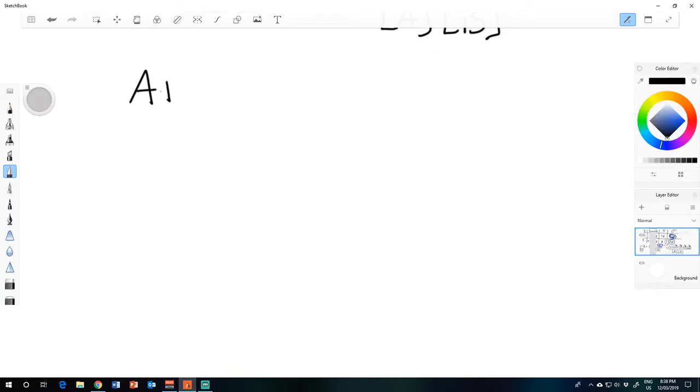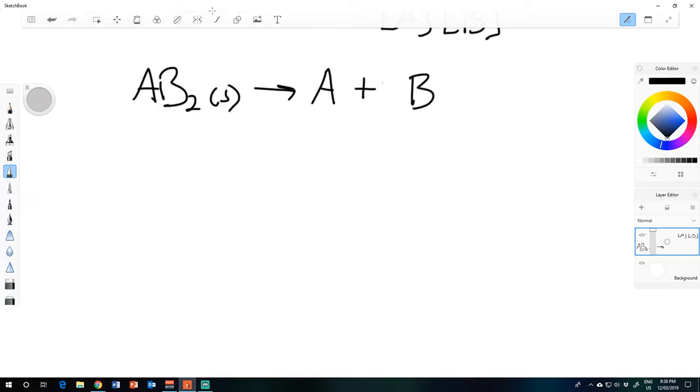Actually, I'll use a simpler example. So here we go. At least after this, hopefully you'll be able to understand why the concentration needs to be, in this case, 2x, but hopefully you get the right idea.